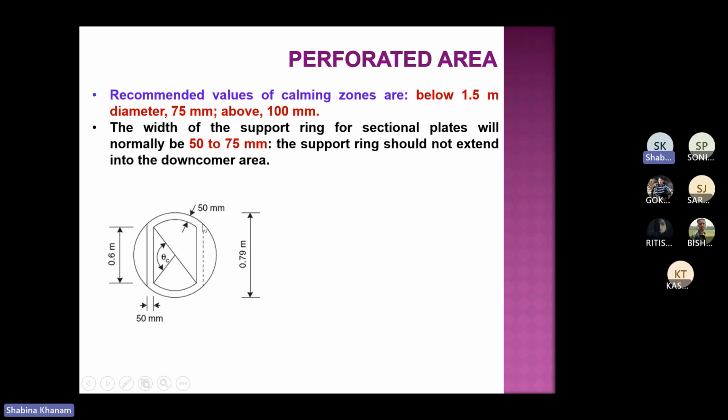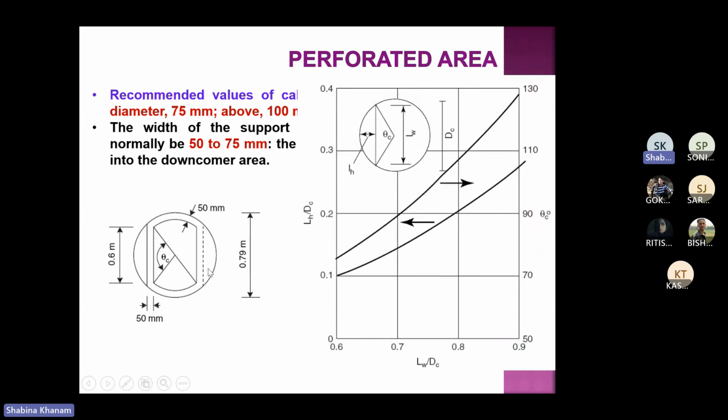So the active area is this, between the first line and this last line. And this theta b is the angle made by this chord. As you can see, LW, and theta c, the chord is making to the center.